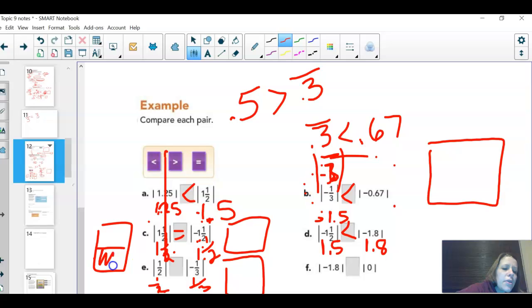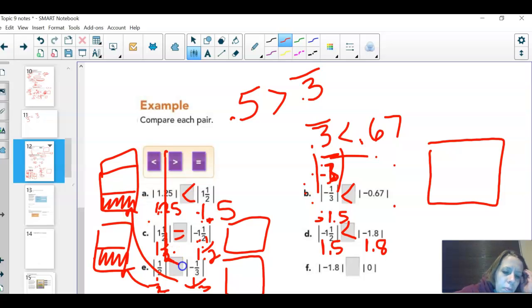If I had half, that's more than if I had the same box and I cut it into thirds, okay? O yo puedo dibujar un rectángulo o una caja y entonces un medio como este es mayor que 1/3. Okay, let's go ahead and try the next one. Go ahead, put your answer in the box.